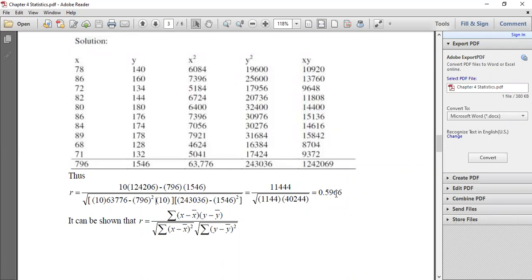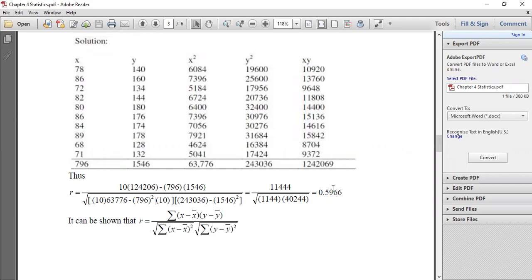So we want to establish whether this is a strong correlation or a weak correlation, a strong positive or a weak positive. So when it is greater than 0.5, at that point you can say that we have a strong positive correlation.